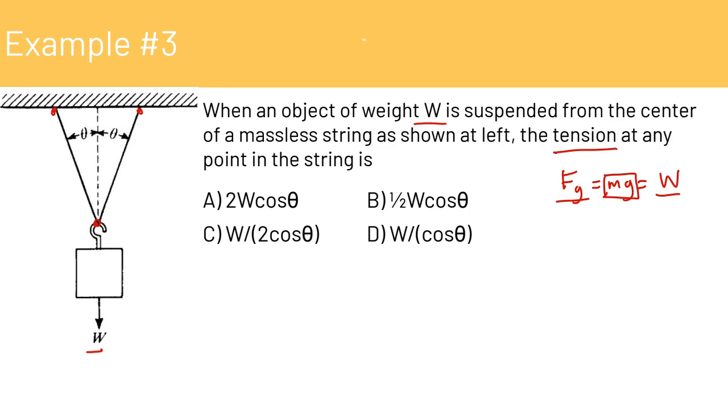Okay, so we've got this string here, and we can think of this as being the force of tension on it. These two forces are equivalent to each other because it's the same string. So we need to break up this force into its components. Really all we care about is the y component. This is our angle theta here. So let me draw this somewhere else.